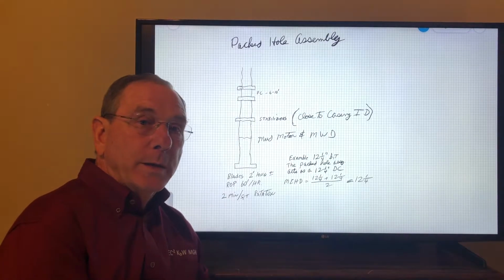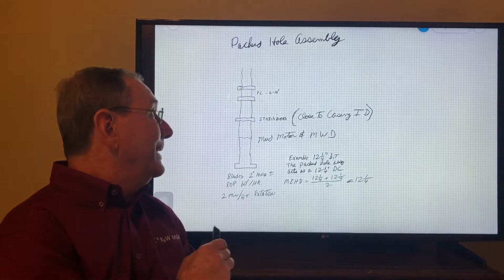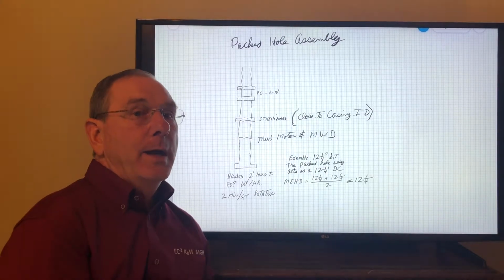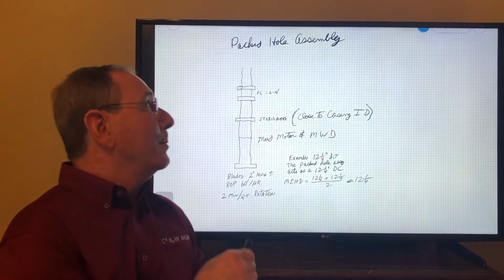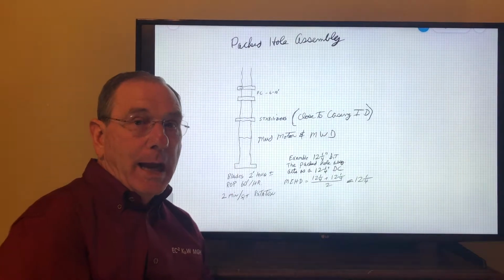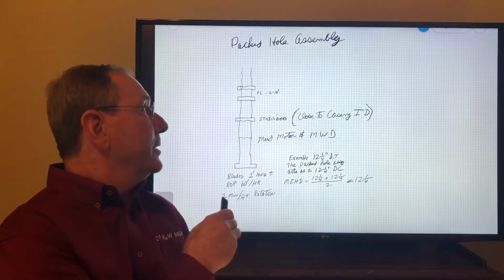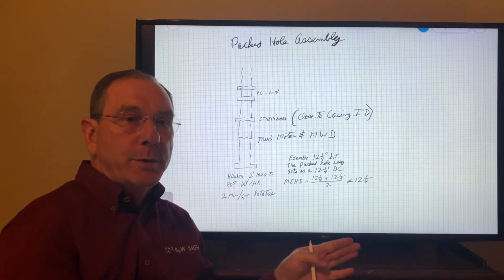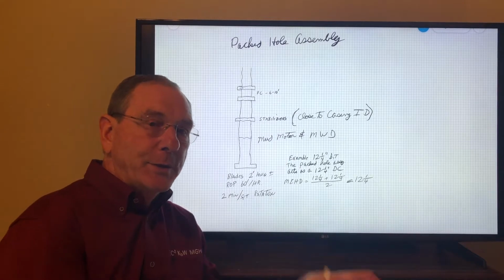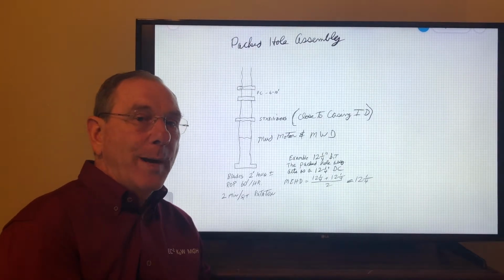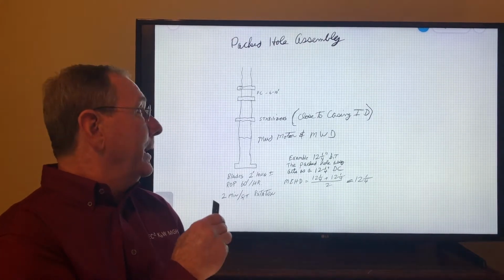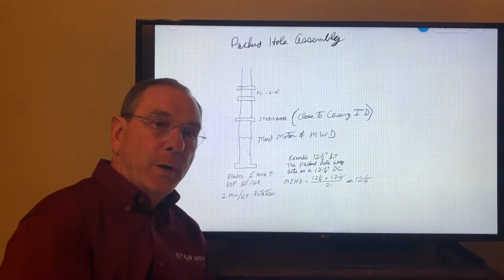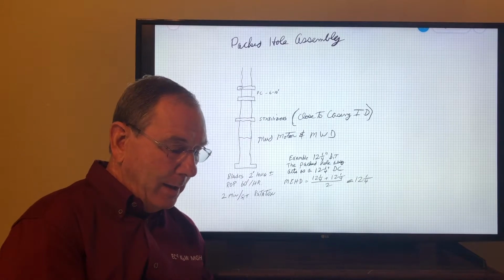It's also important to note that rotating this packed hole assembly through your well bore is a lot better than just making a wiper trip with a packed hole assembly after you've drilled the well bore, because the bottom hole assembly can bounce around and go through tortuous well paths if you're running it on a wiper trip. But when you rotate it as you drill and you're getting this 2 minutes per foot of rotation, it does a much better job.